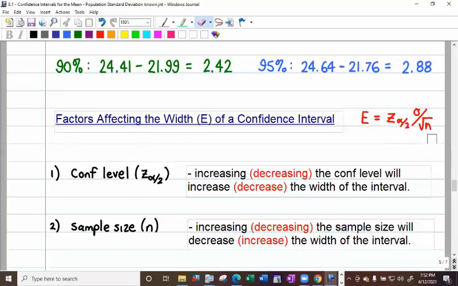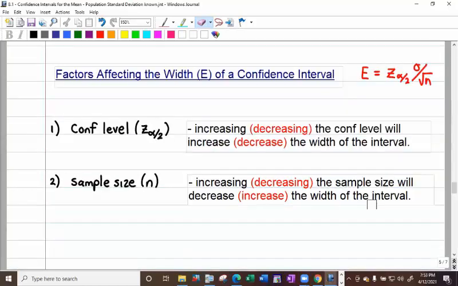Since n is in the denominator of the fraction, anytime you increase the denominator of a fraction, the fraction gets smaller. So if you increase the sample size, you'll decrease the width of the interval. So they have opposite effects on each other.